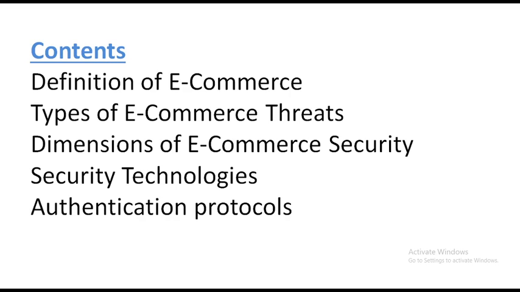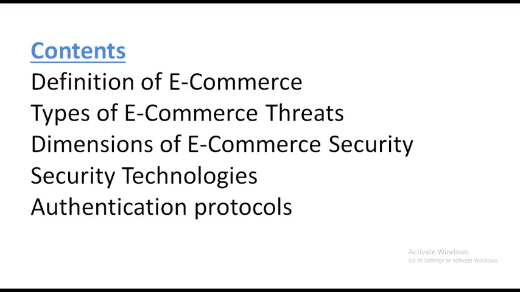Even though we are enjoying the facilities of e-commerce through the internet, it has some inevitable security issues. Inevitable is nothing but unavoidable. We are not able to avoid it. That is what inevitable means. Compared with traditional businesses, e-commerce security threats can be accidental or intentional.